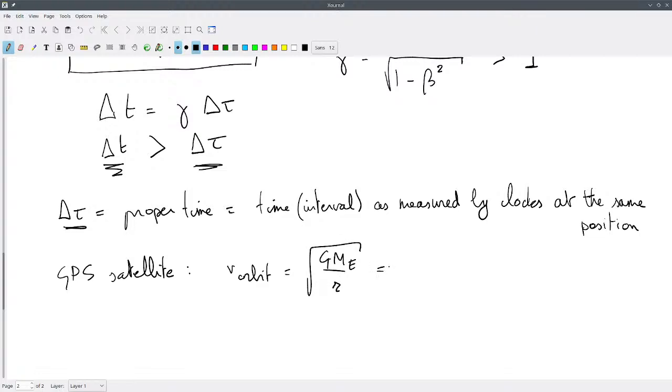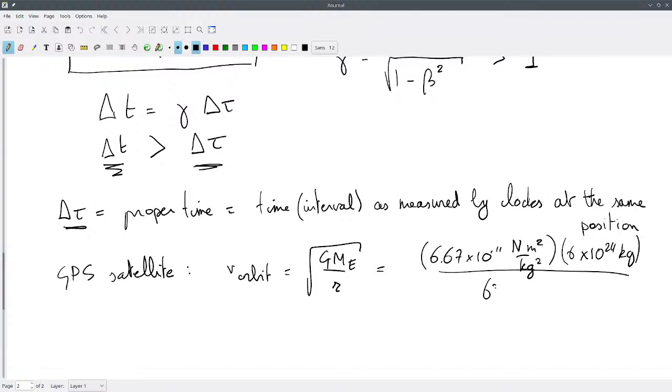Let's think of a GPS satellite at 400 kilometers height, so we do 6.67 times 10 to the minus 11 newton meter squared per kilogram squared, times the mass of the Earth, 6 times 10 to the 24 kilograms, divided by 6,370, and I'm going to add 400 kilometers for the height of the orbit.